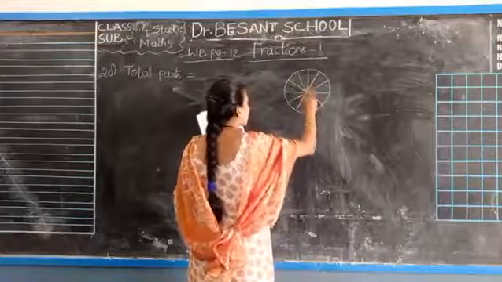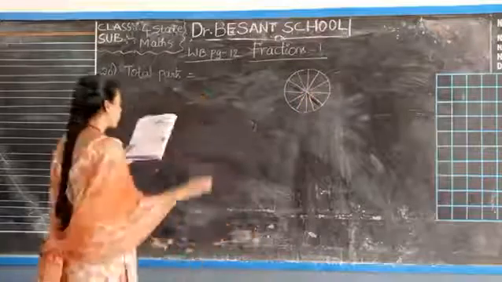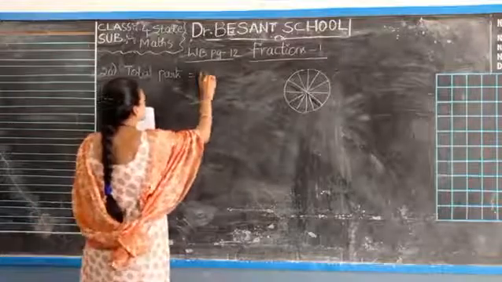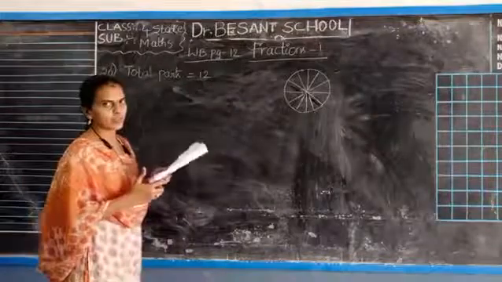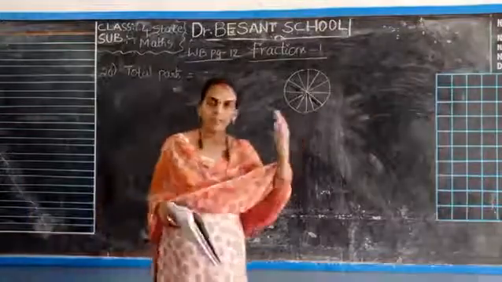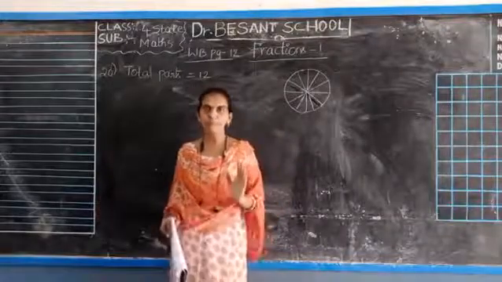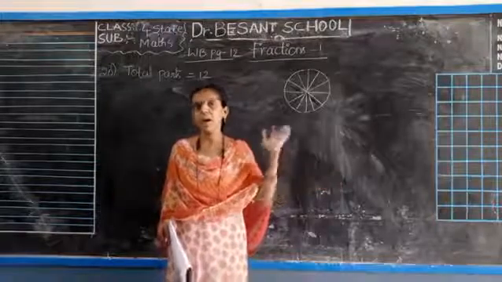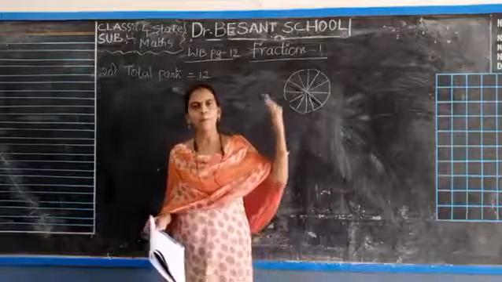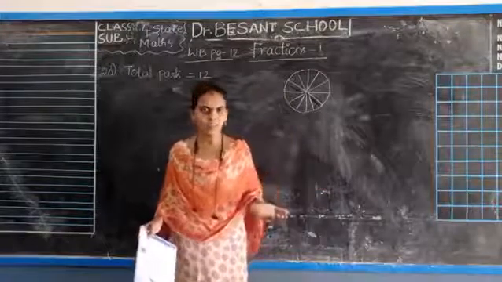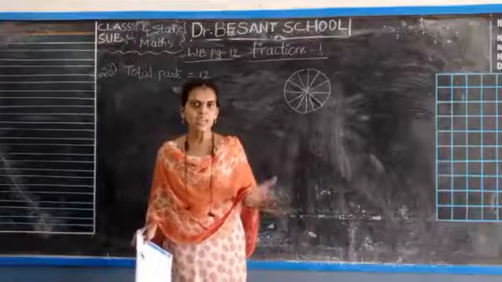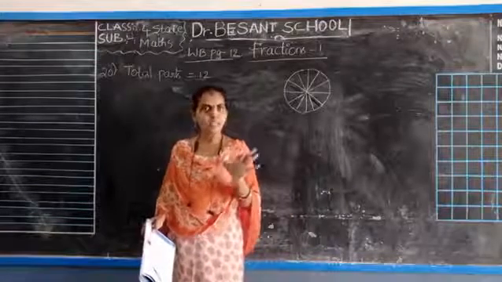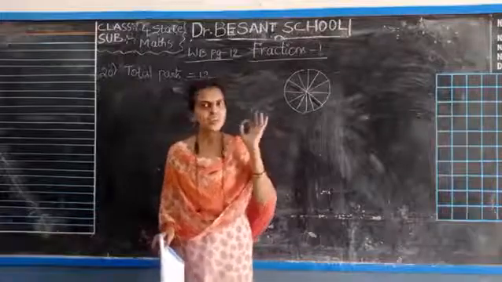Yes, you could see that there are 12 equal parts. First we need to write that. After that we will find the number of parts of each color and write the fraction. After that, he is asking us to compare all the three colors. Comparison, how can we do? If the denominators are the same, we simply compare the numerators.